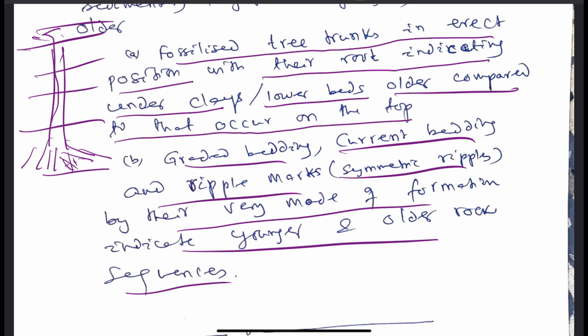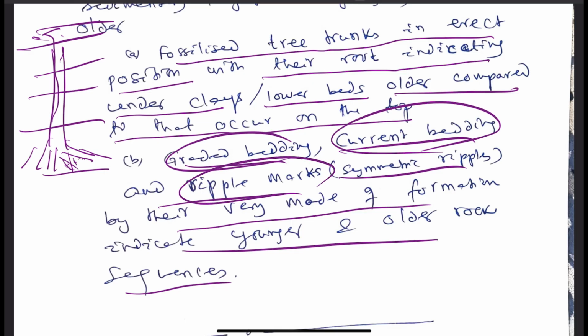In that case, building stratigraphy will face a problem. That's why these features which indicate which side is top and which is bottom, such as current bedding and graded bedding, are useful. Ripple marks are useful to decide which side is top, and on this basis it is possible to establish the top side and bottom side of a sedimentary sequence, and accordingly the older bed and younger bed sequence.